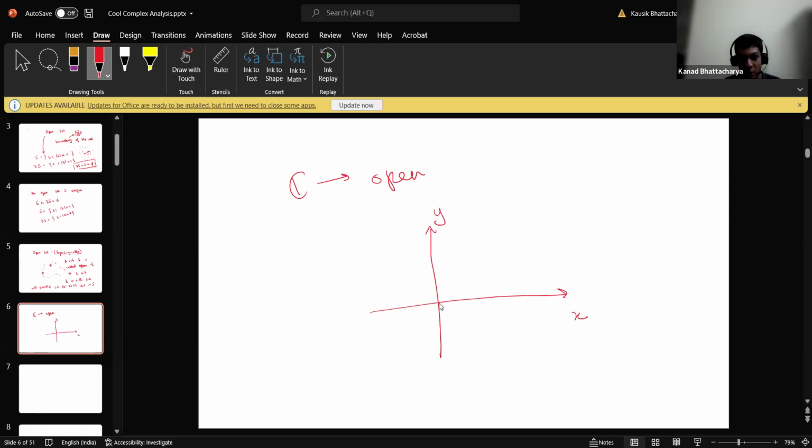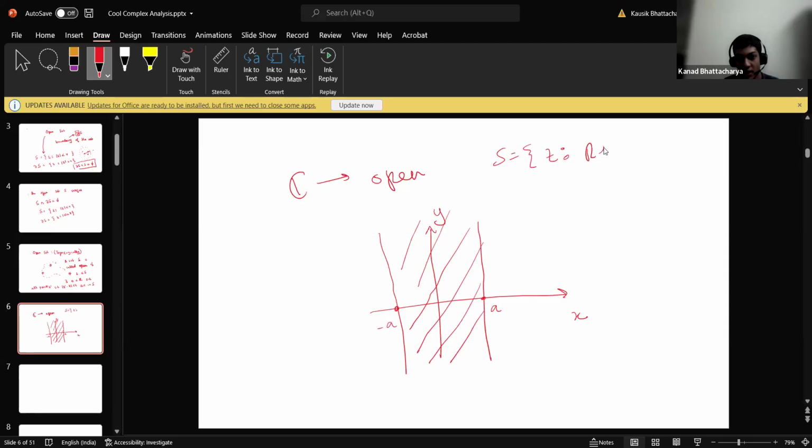We consider all points within this strip, where this is minus a and this is a. Basically, we are considering the set of z such that the absolute value of the real part of z is less than or equal to a.